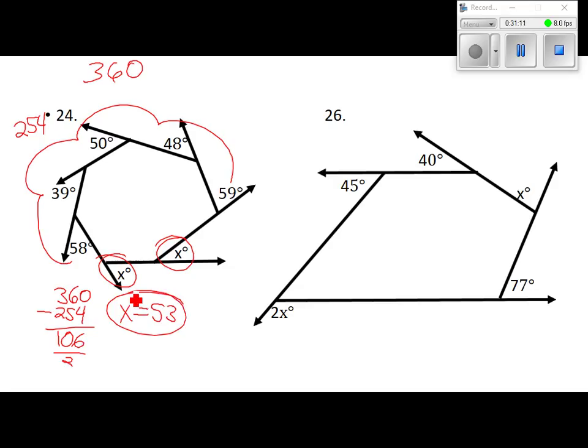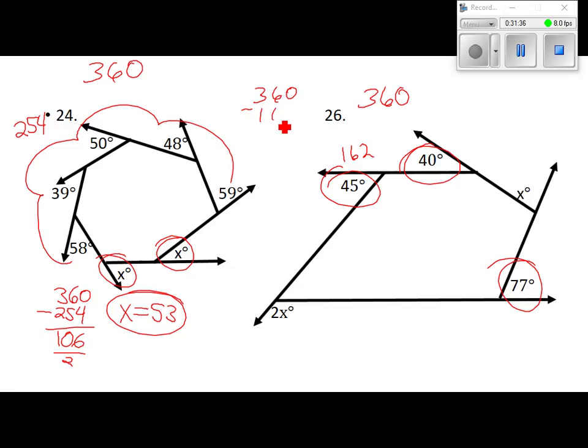What's the sum of these 5 exterior angles add up to equal? 360 again. Sum of the exterior angles, always 360. Somebody add these 3 up for us. 162. Anybody else agree with Harry on that? What do we do with that?